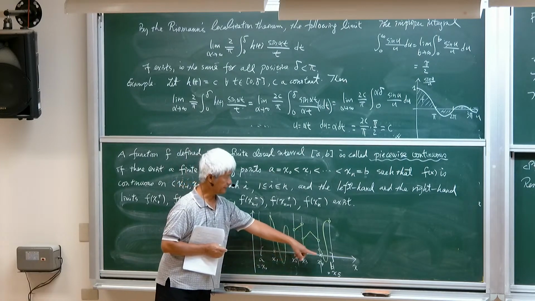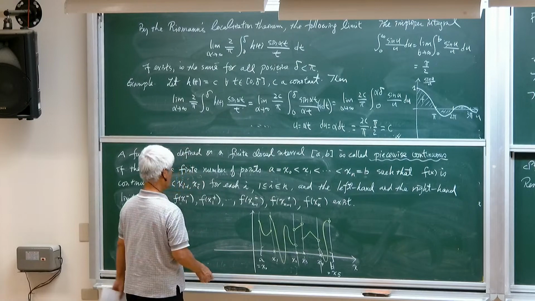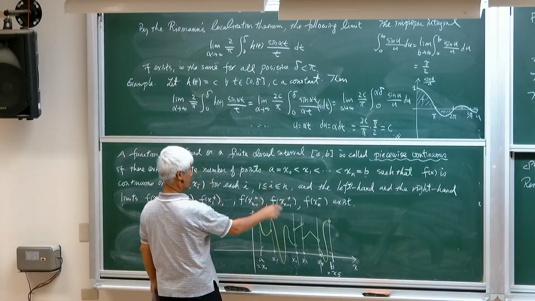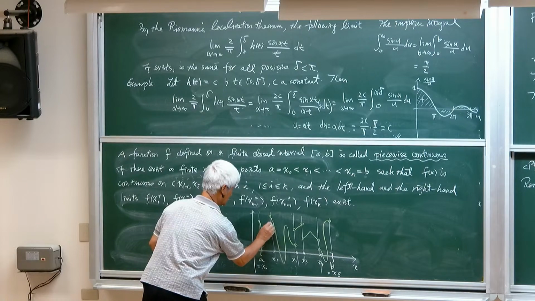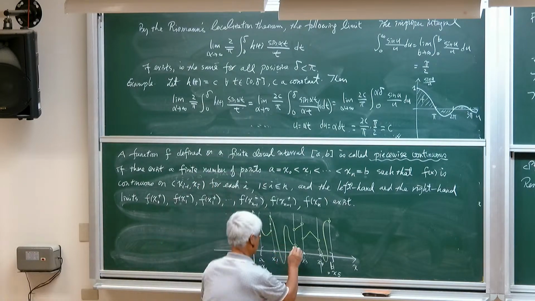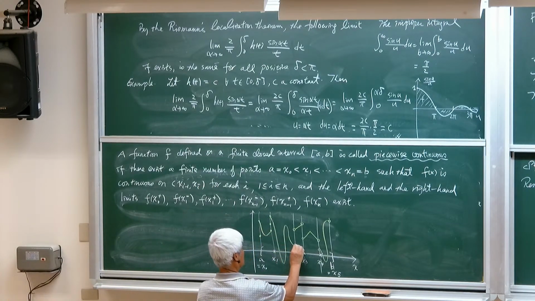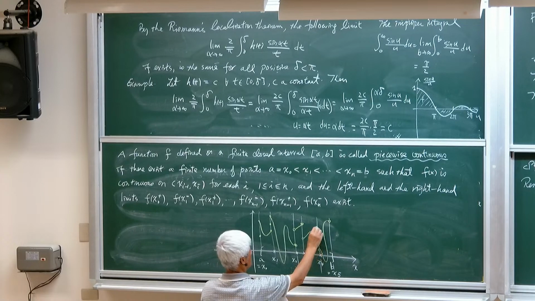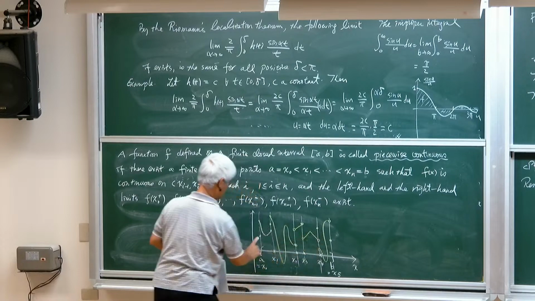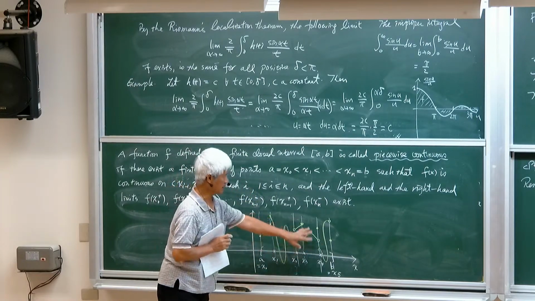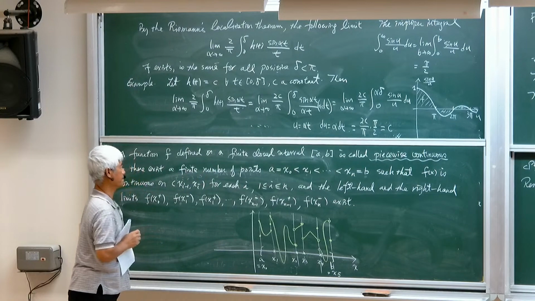The value at the point can be arbitrarily assigned, maybe here, maybe there, or here.